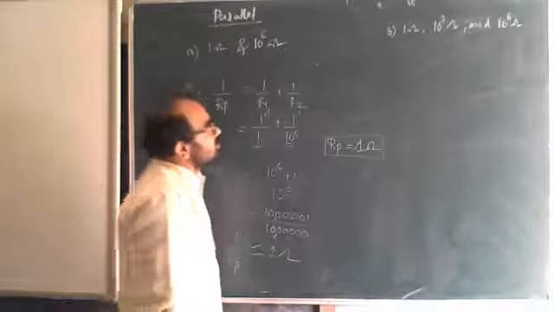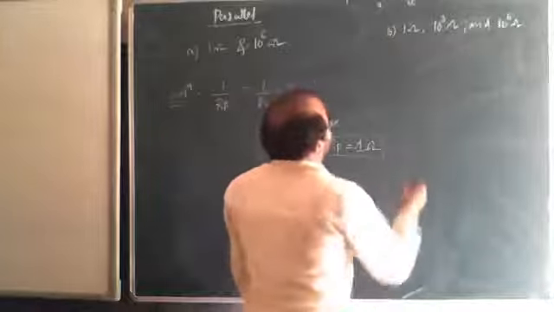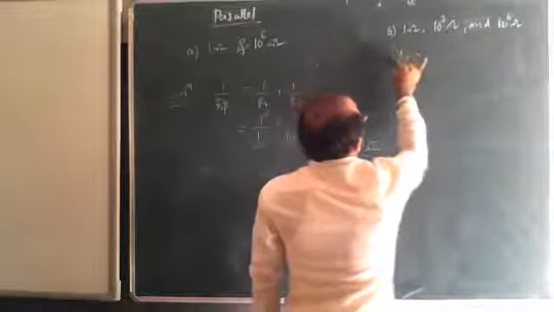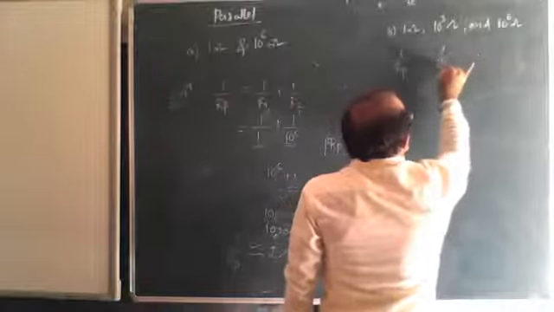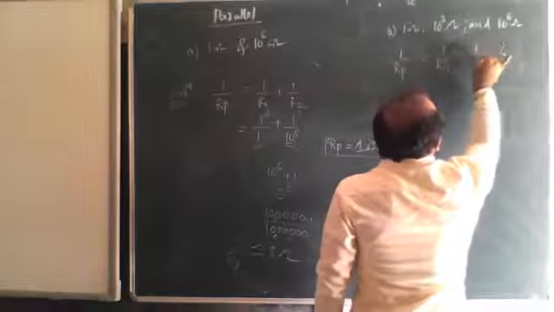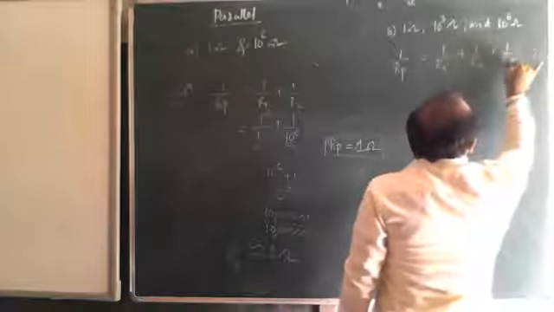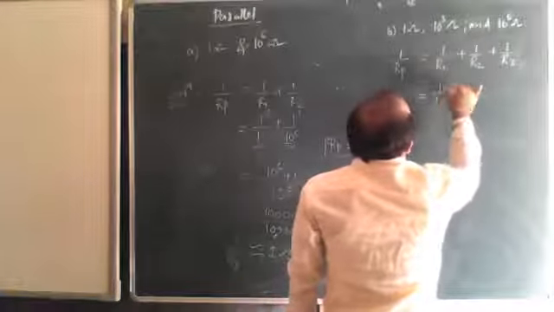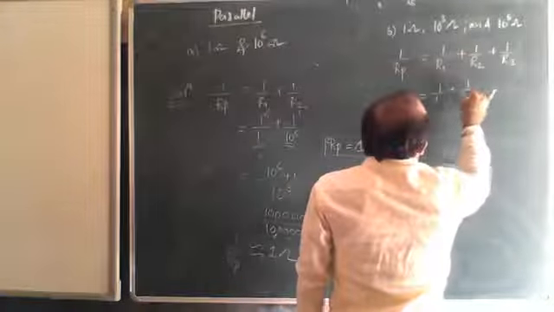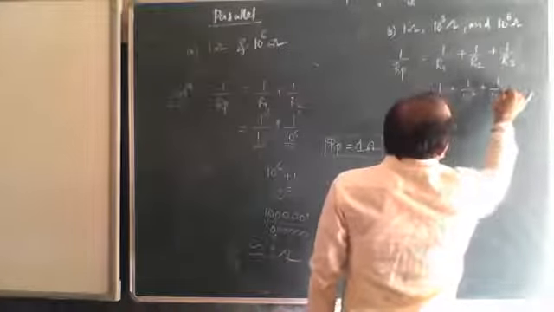So this one is over. We'll move to that side. You can verify it. Here 1 by Rp is again equal to 1 by R1 plus 1 by R2 plus 1 by R3. That is 1 by 1, plus 1 by 10 raised to 3, plus 1 by 10 raised to 6.